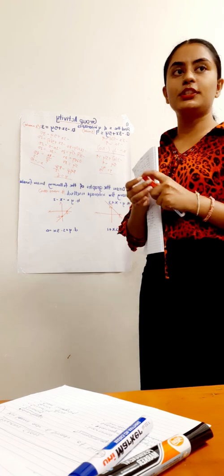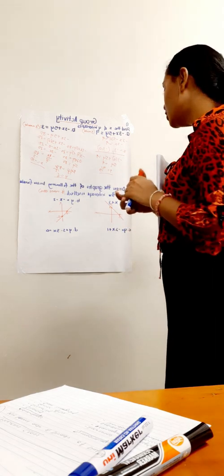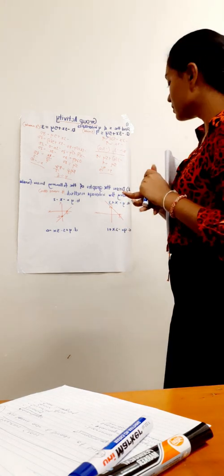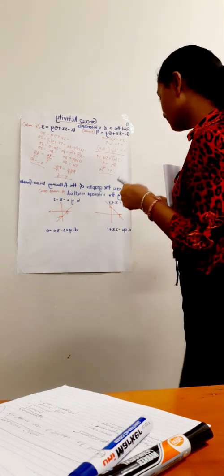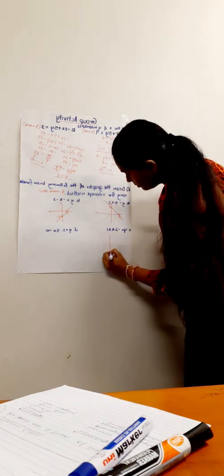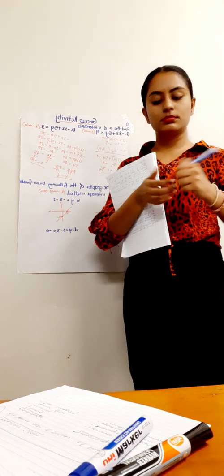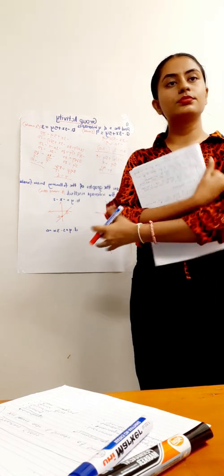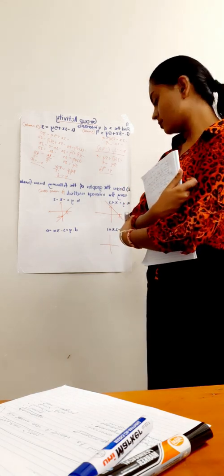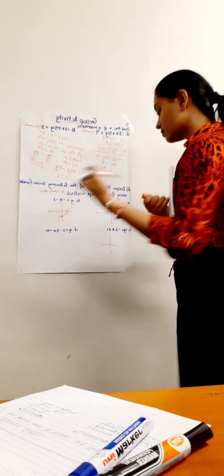Who has solved this question? Shania. Okay, Shania. y is equal to negative 2x plus 1. Right? For the y-intercept, x is equal to 0, y is equal to negative 2 into 0 plus 1, whereby we get y is equal to 1.